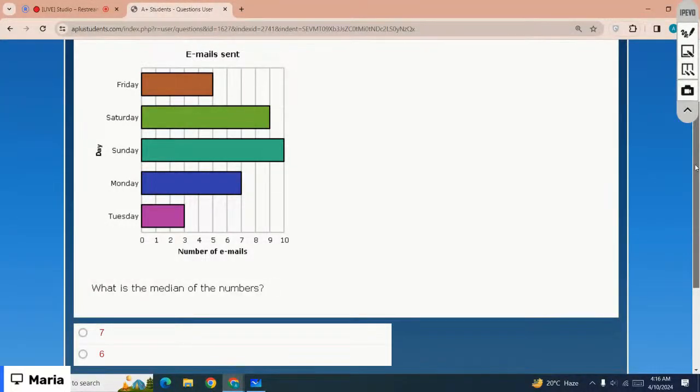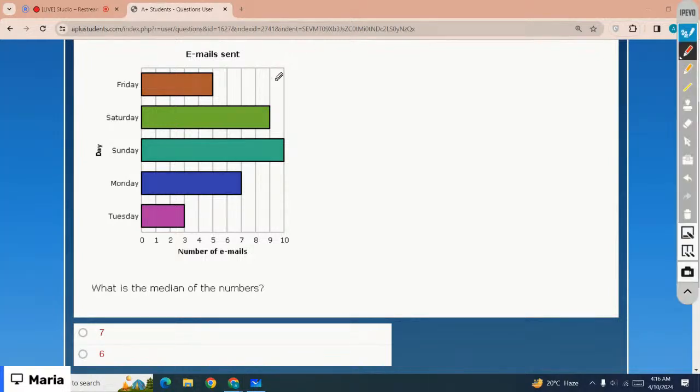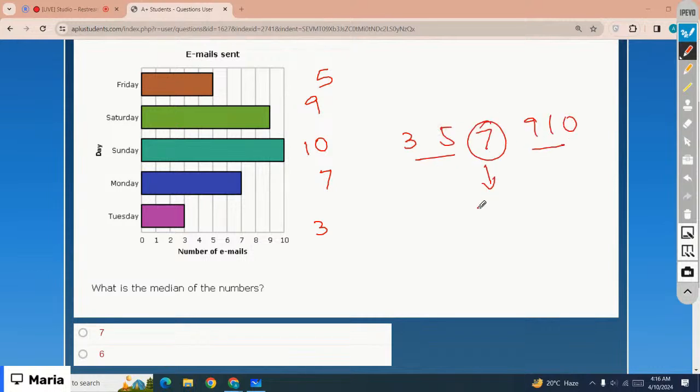So the numbers are 5, 9, 10, 7, 3. Right? Let's just arrange them from least to greatest: 3, 5, 7, 9, and 10. So 7 is the median. The correct option is 7. Right? 7 is the median.